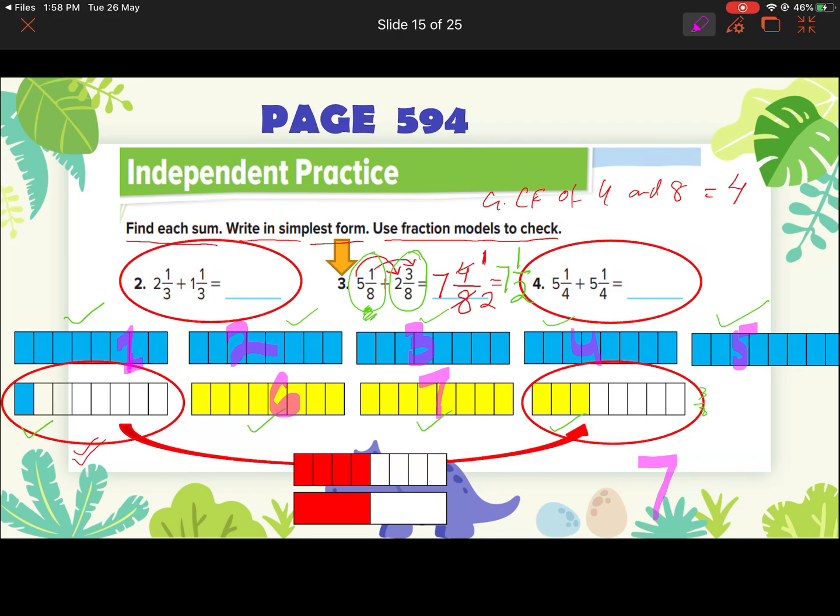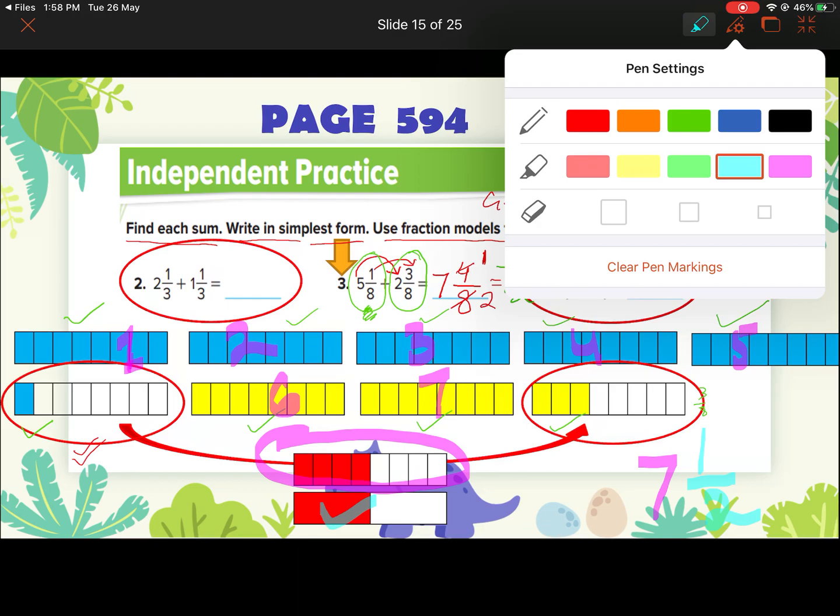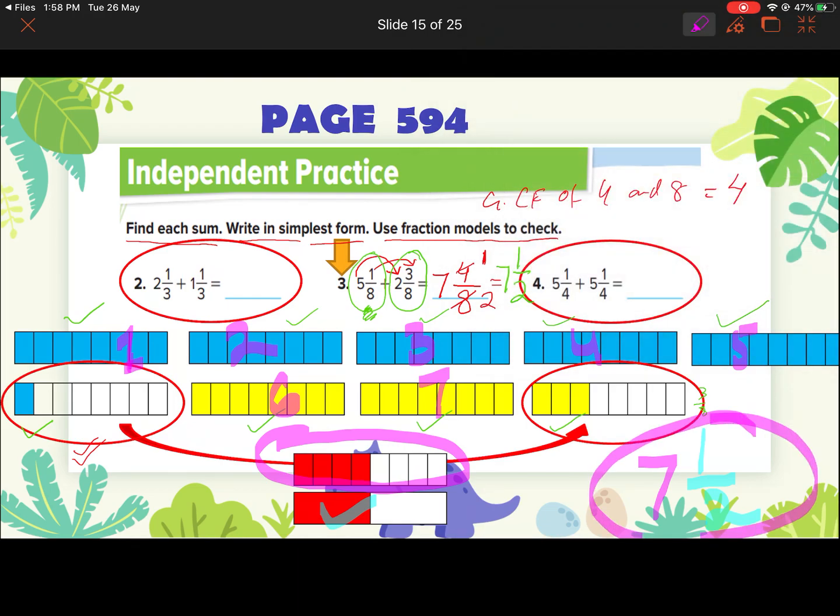So when you add 1/8 and 3/8, you will get 4/8. And if you observe it nicely, you can see that this 4/8 becomes half. Okay, so it means that 7 1/2 is our answer by our fraction models.